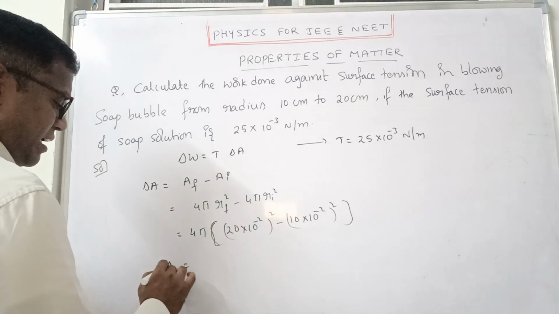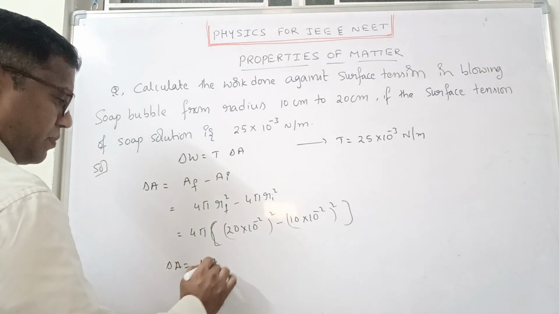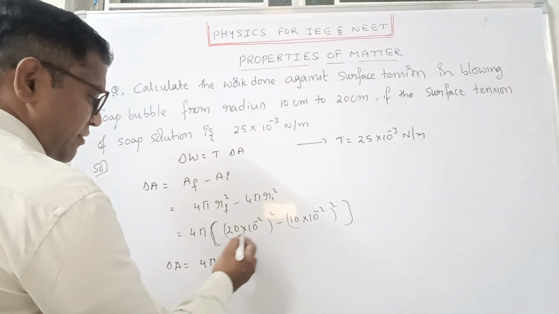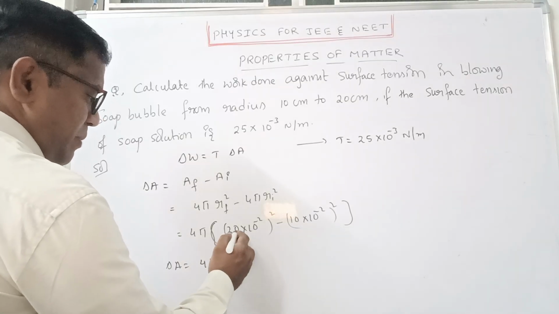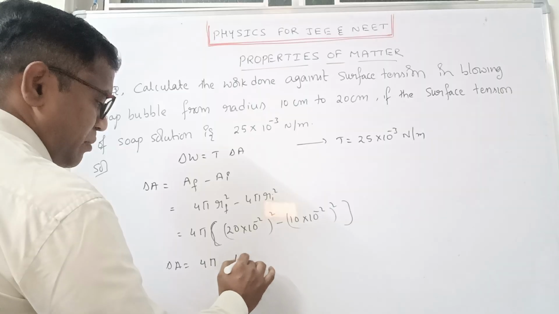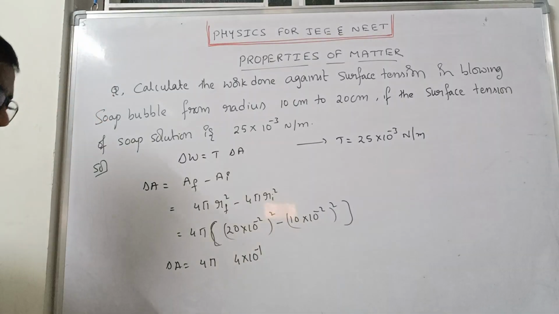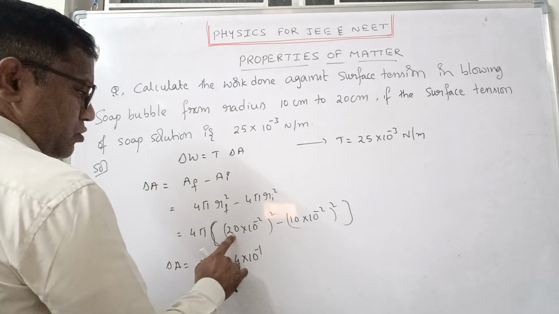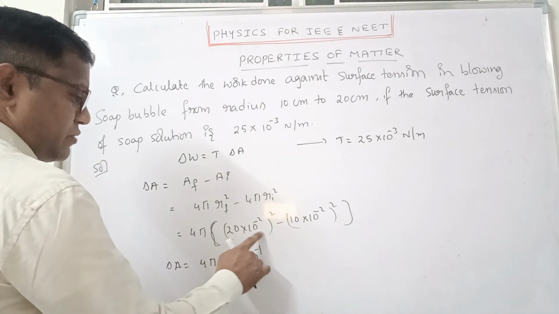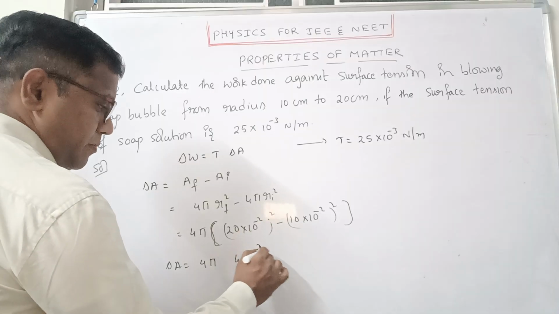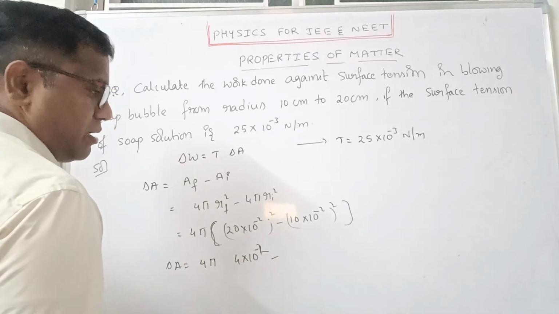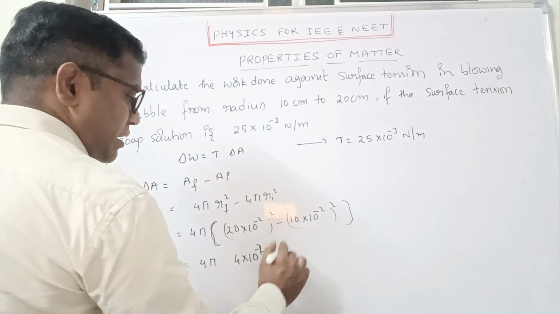So delta A can be written as 4 pi, and here I will write 10 power minus 2, 10 power minus 1. So 4 into 10 power minus 1, 10 power minus 1. Here 2 square is 4, 10 power minus 1, minus 2 will be there. Minus, here it is 10 power minus 1 and again 10 power minus 2.